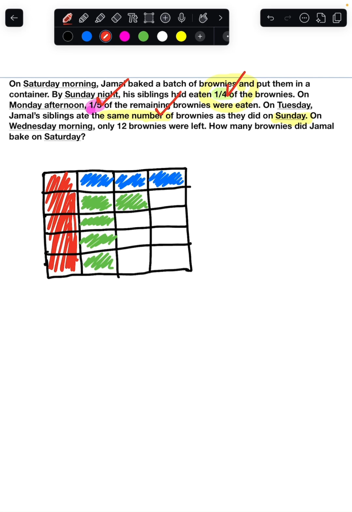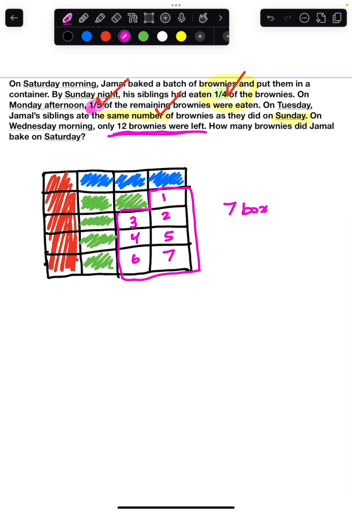Let's check that off. So, these are our remaining boxes of brownies left. And we know 12 brownies were left. So, we have 1, 2, 3, 4, 5, 6, 7 boxes left in the container. So 7 boxes will equal 12 brownies.